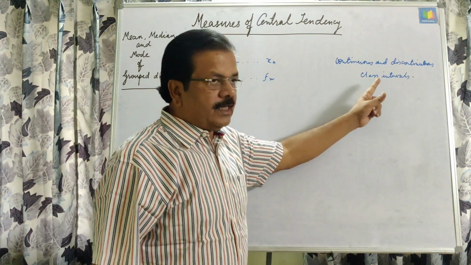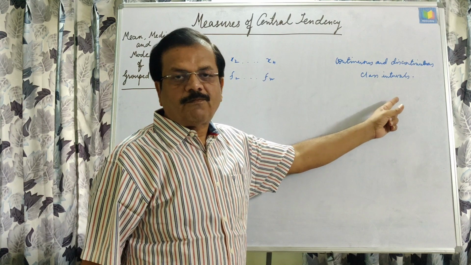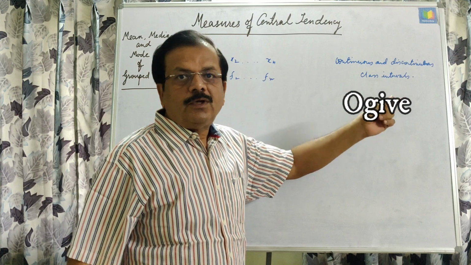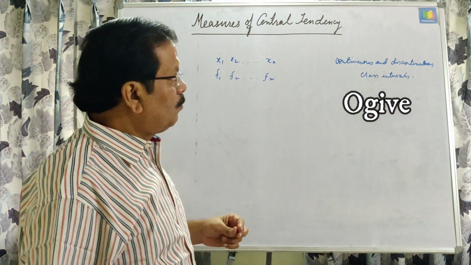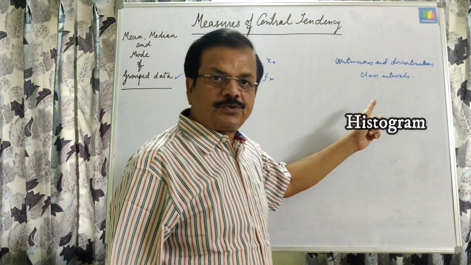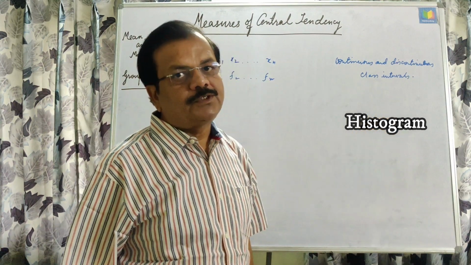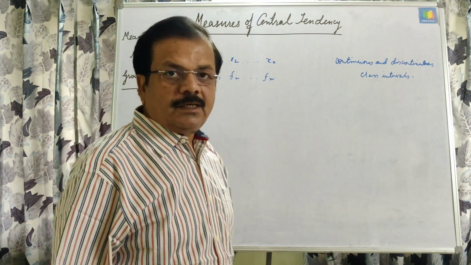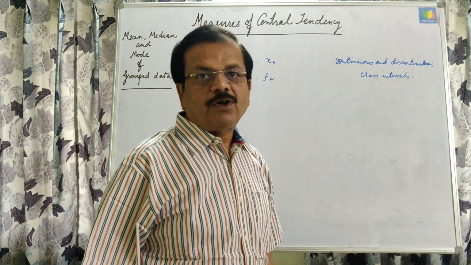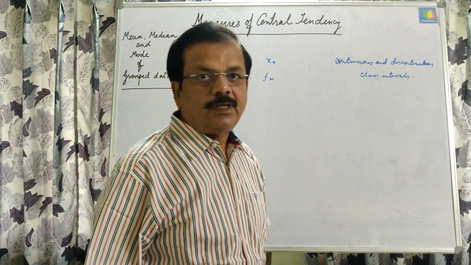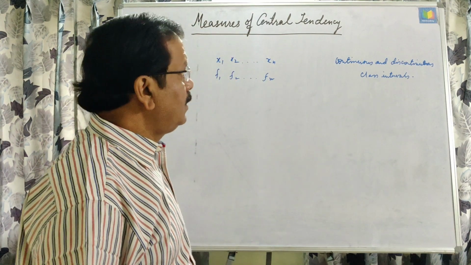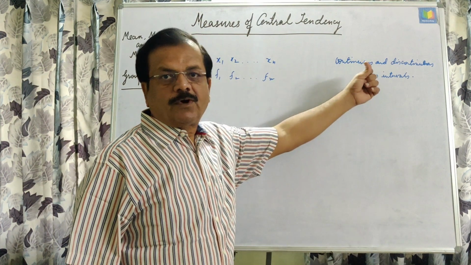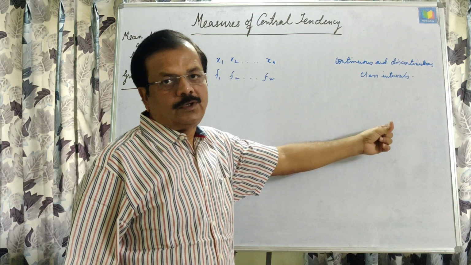In this case we'll use three methods of finding mean, but for median we'll follow the ogive, and for mode we'll also draw a histogram, and with the help of the histogram we'll find the mode. This is the syllabus of class 10. Though in higher classes, in class 11, you will find the formula for finding median and mode also. Okay.